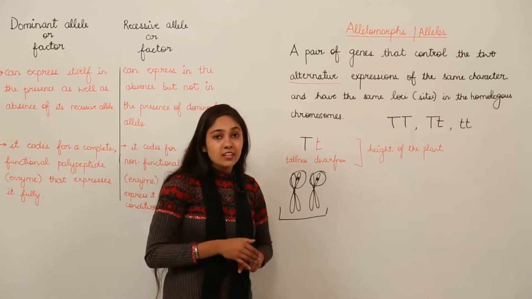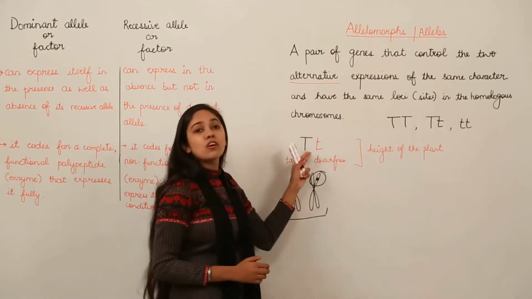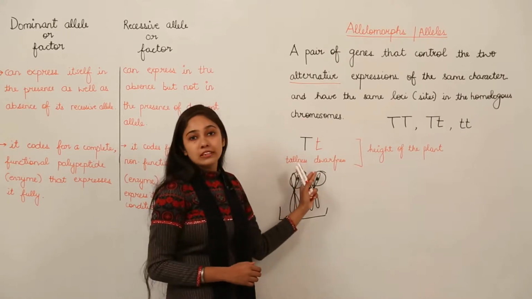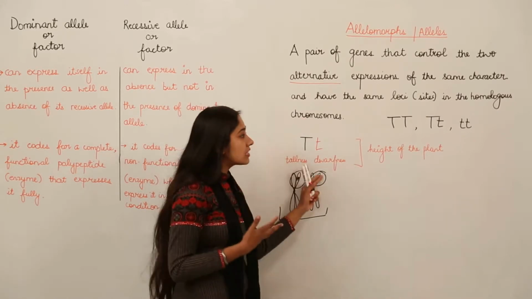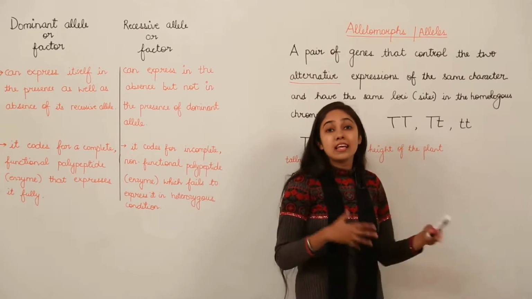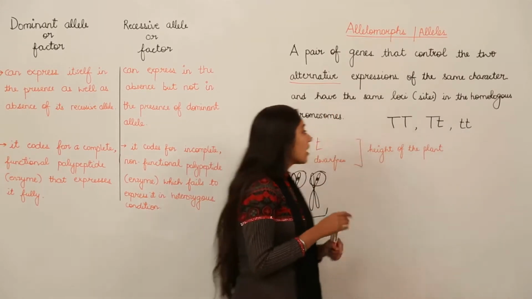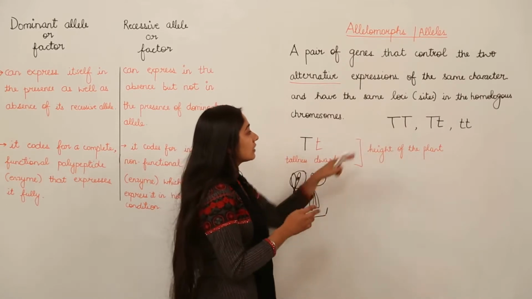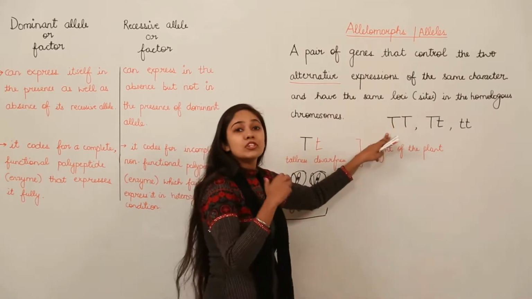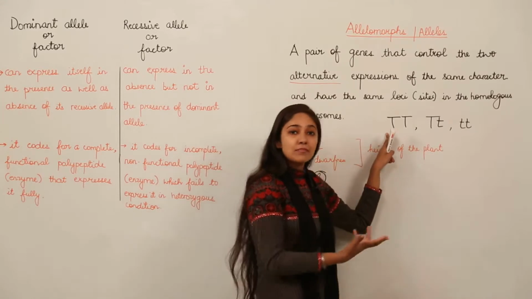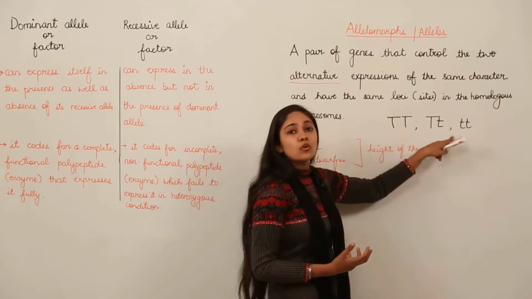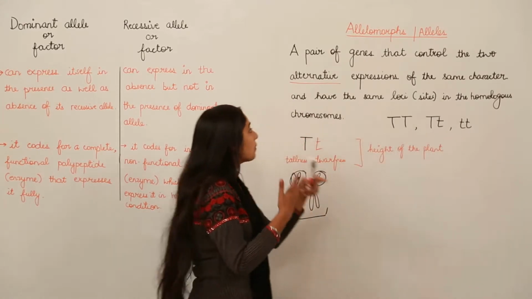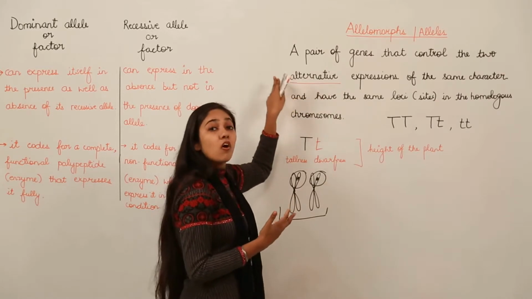Remember earlier, whatever we have discussed in this concept, this was the definition of alleles. But nowadays, we are considering these pairs also as allelomorphs or allelic pairs. Why? Because now we consider alleles as the genes which are encoding for the same character. Genes which are encoding for the same character, they may or may not be alternative.